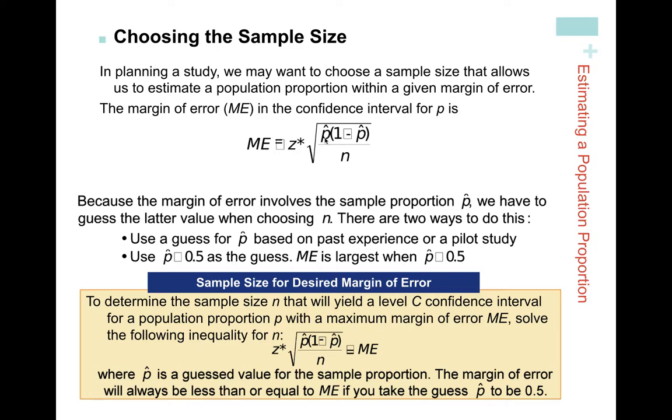If they don't give you a p and they don't give you a p-hat, then the widest margin of error would be when p-hat and q-hat are 0.5. So just plug in 0.5 times 0.5. That'll give you the widest margin of error. So if they don't give you a p and they don't give you a p-hat, use 0.5 and 0.5.